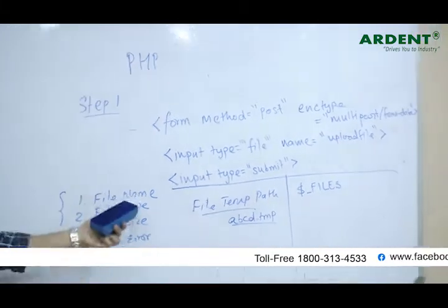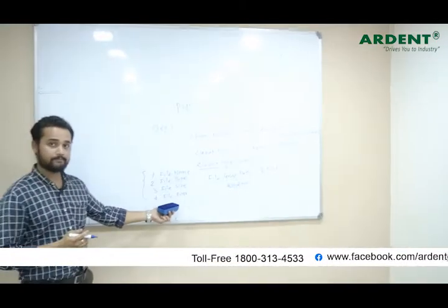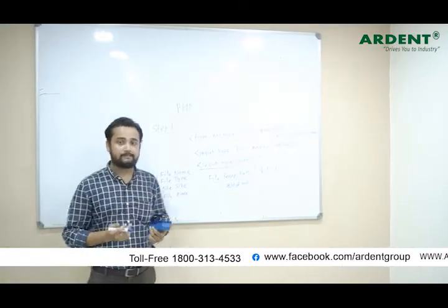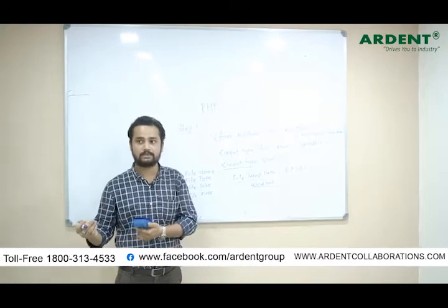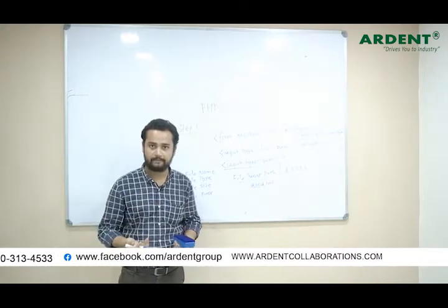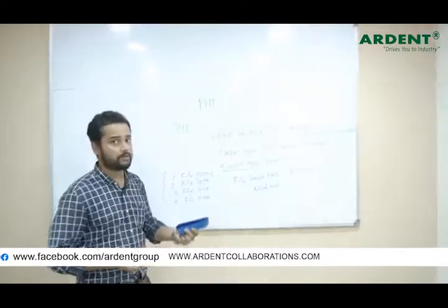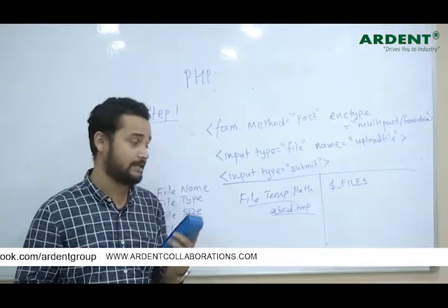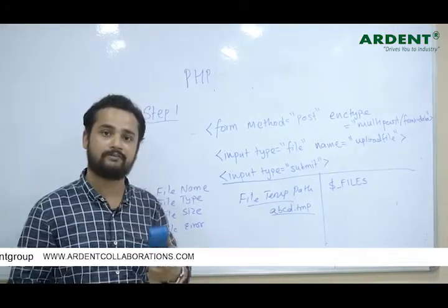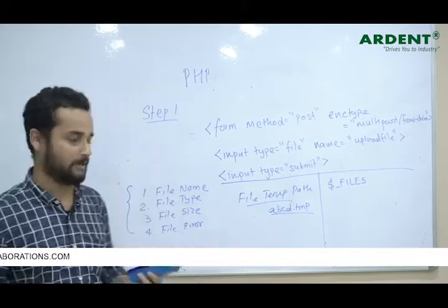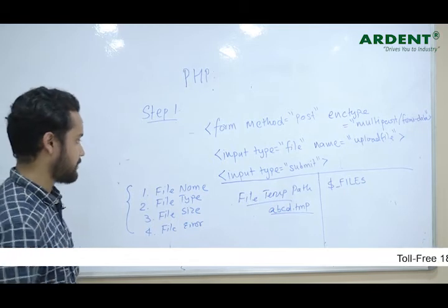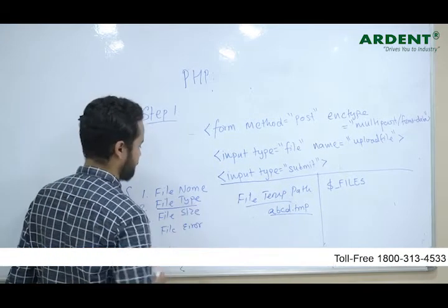Why? Because we are first going to validate the file. What if in an application I ask my user to upload a CV, that is a PDF file, right? Now, if the user uploads a JPG file, then I have to stop the user or give information that you're uploading an incorrect MIME type or incorrect document type. So for that I need the file type.